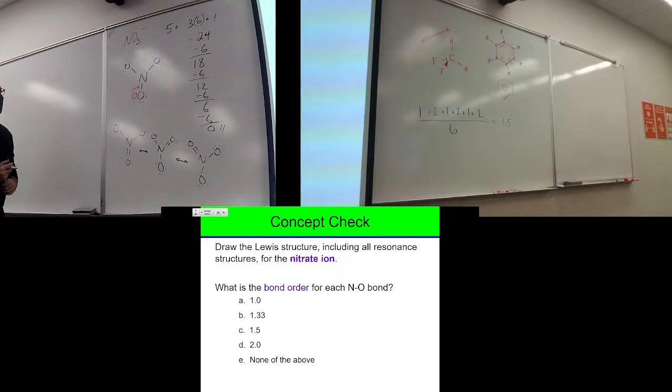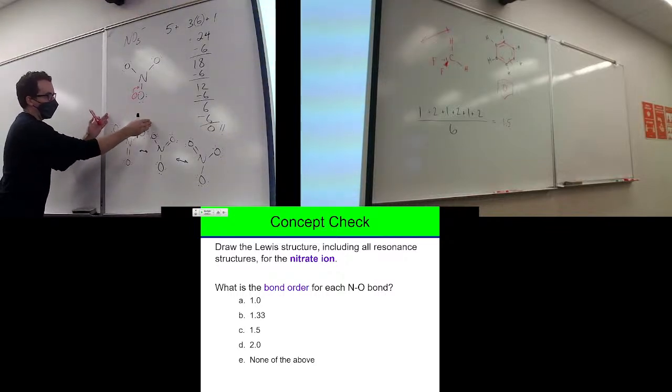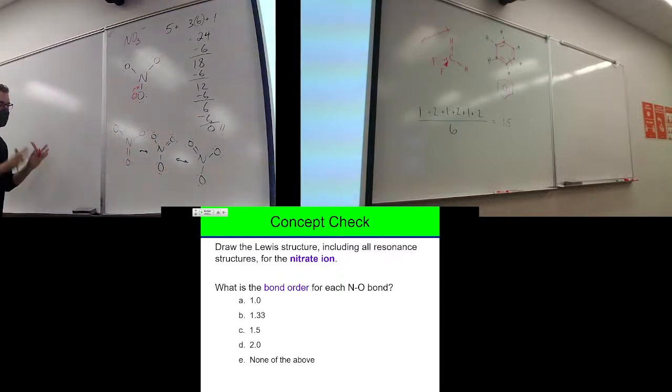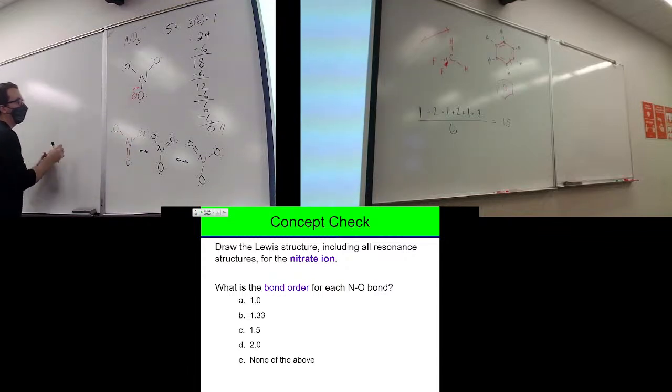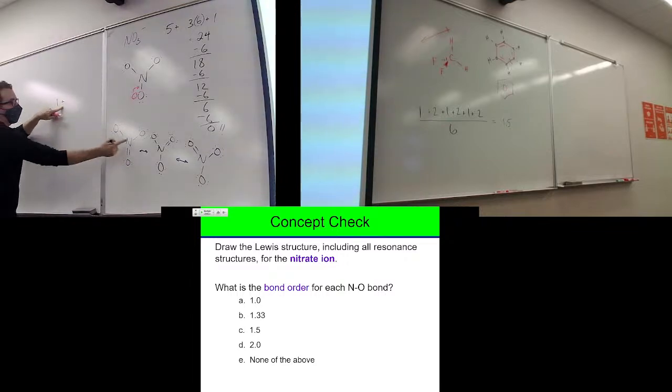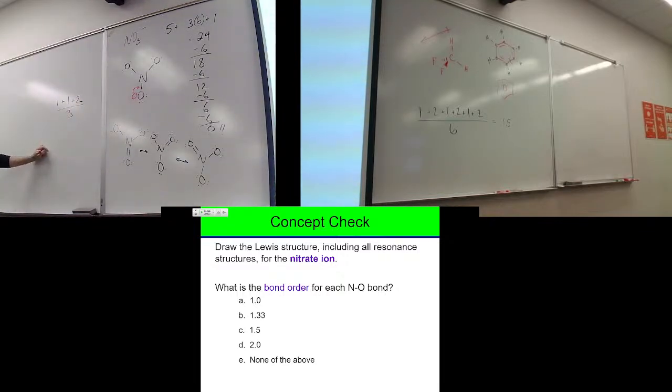Next, how do I calculate the average bond order? So what I'm going to do is take one structure, just one, and look at the bonds that are involved, which is just these three. One of them is a single bond. The second one is a single bond. The third one is a double bond, bond order 2. And I've basically looked at 3 of those bonds, divided by 3.